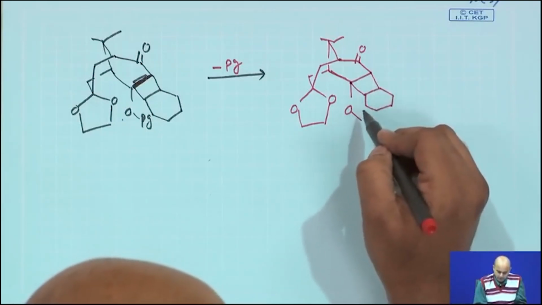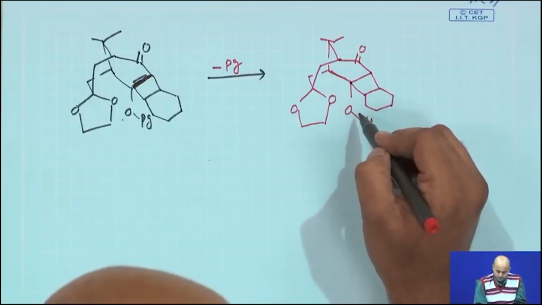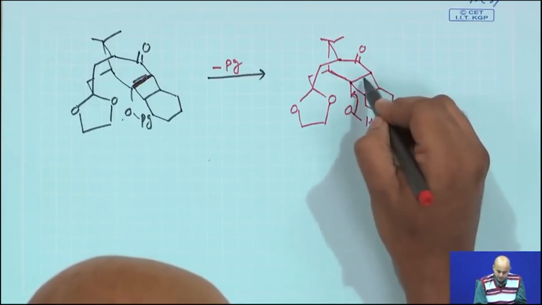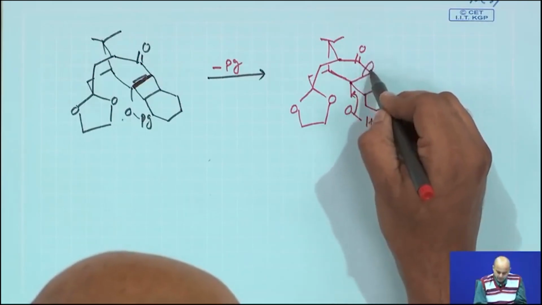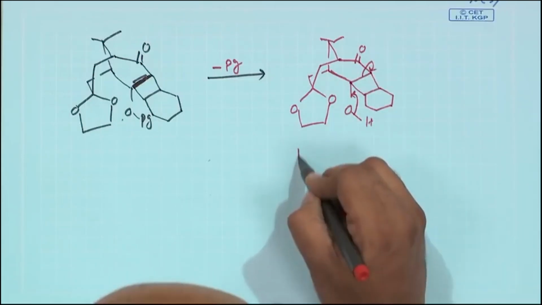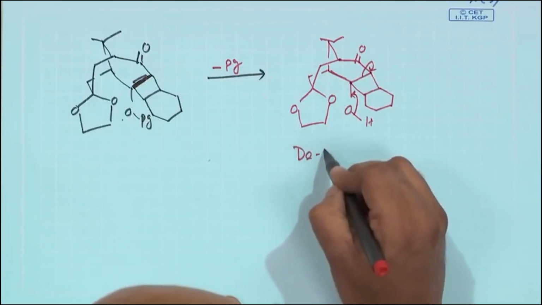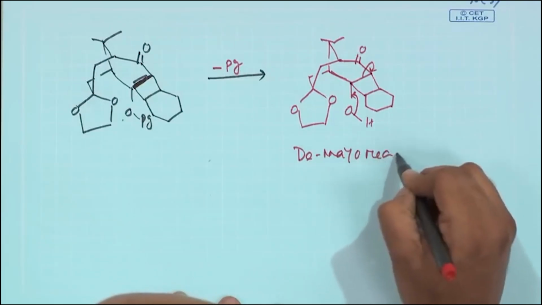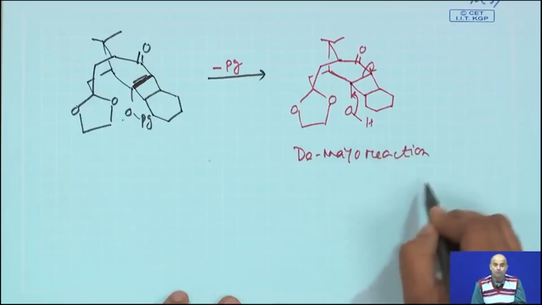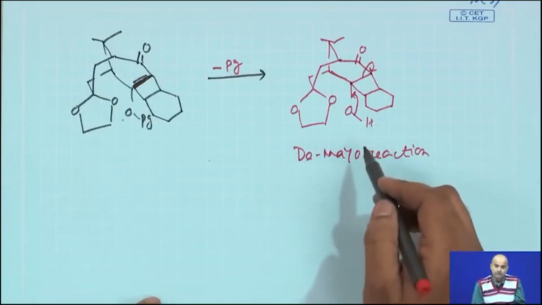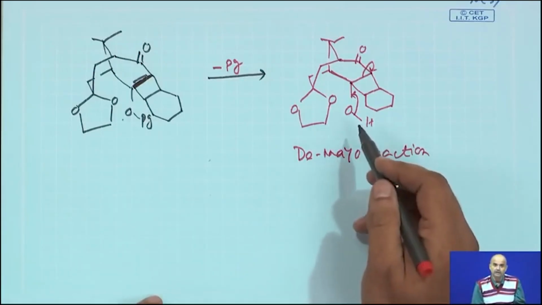Now, your retroaldol is switched on. So, retroaldol basically goes here and this bond cleaves. Now, this reaction we have started. This reaction is basically a De Mayo reaction, that photochemical 2+2 reaction followed by retroaldol reaction for making a large number of rings. So, this reaction in principle we have studied earlier, but now we are applying it to a complex system.